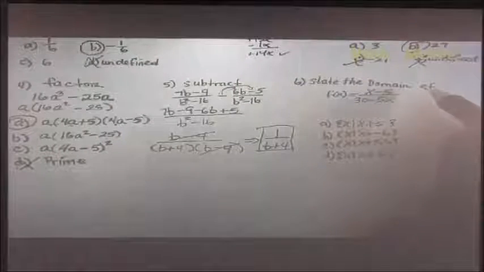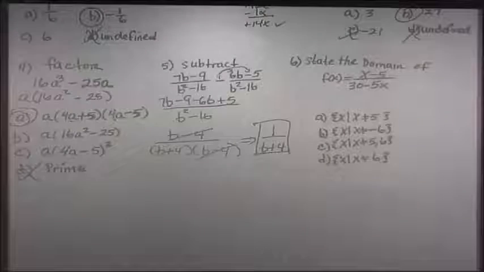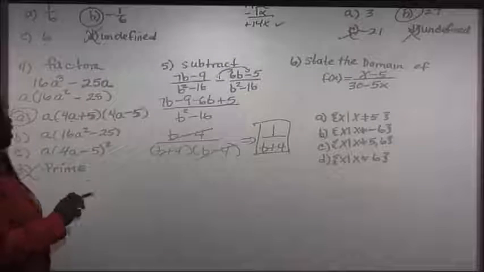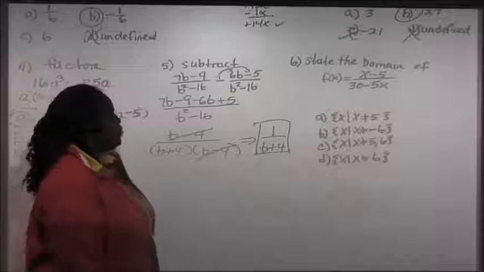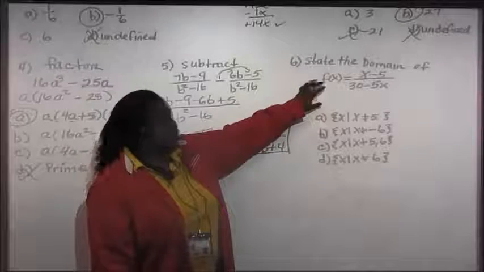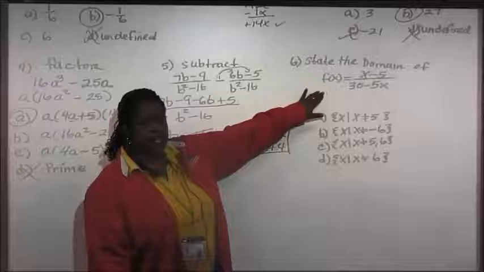Here we are, looking for the domain. A domain means our x value, for one. But more importantly, it means which x value is going to make our denominator undefined. Remember we saw that undefined term in those other problems? Here's where it applies now. We want to find that number or numbers that will make our expression undefined. If you don't remember that you need to set the denominator equal to 0 and solve it, how else can we figure it out?